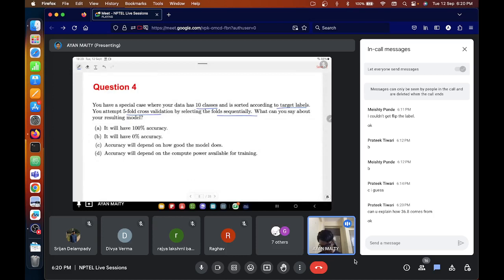So there are 10 classes in the dataset, and it is sorted according to the target level. Like first all the zeros, then all the ones, then all the twos, like this, finally all the nines you will get.